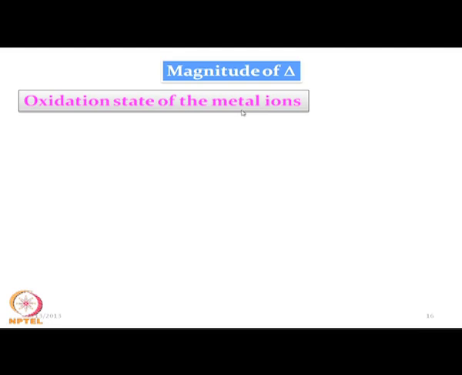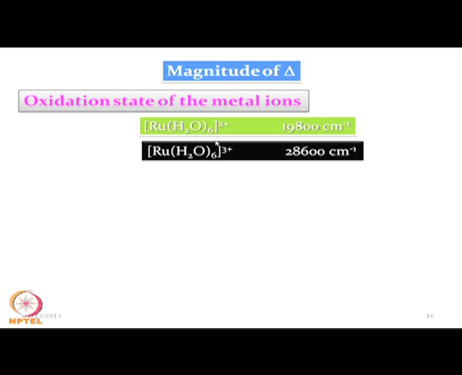If the oxidation state changes, we can have different values, such as ruthenium in +2 oxidation state, where 6 water molecules surround this ruthenium in octahedral geometry, and on the inverse centimeter scale it is 19,800. This also gives an idea about the corresponding pairing energy term, which is known for the ruthenium system, and we can compare what type of spin state we get, whether this compound is a high spin or a low spin one.